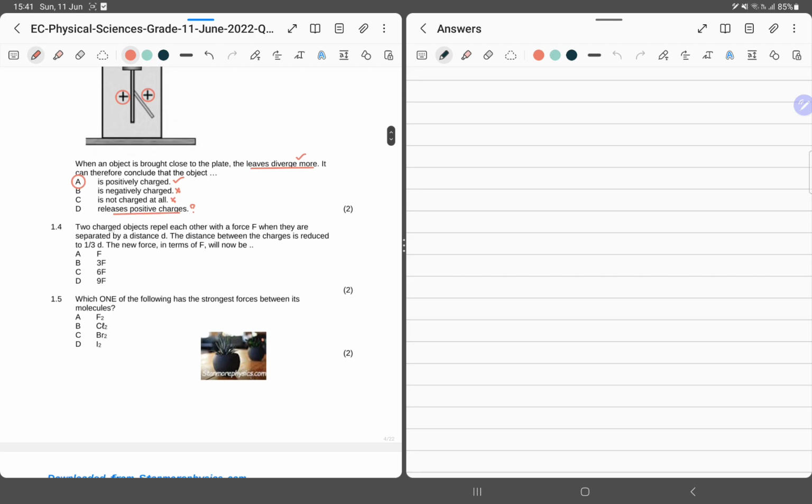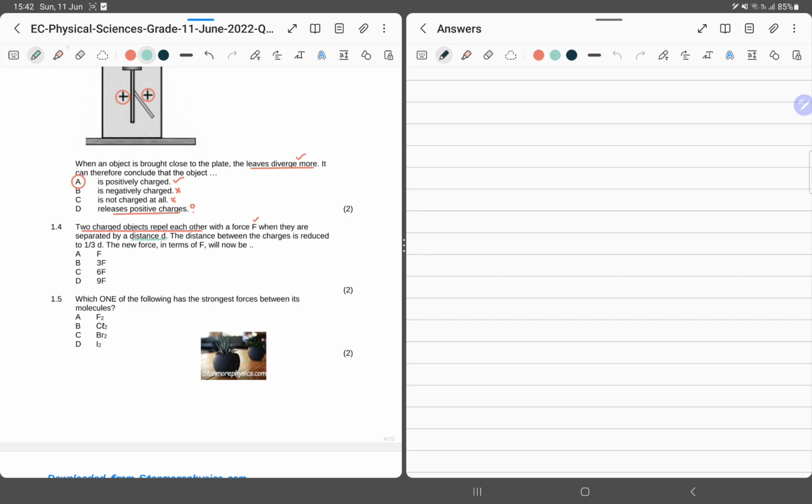Now it says two charged objects repel each other. Again, we're still dealing with electrostatic forces here, or Coulomb's law. If they repel each other, it means they carry the same type of charge, be it positive or negative. They repel each other with a force F when they are separated by a distance d.